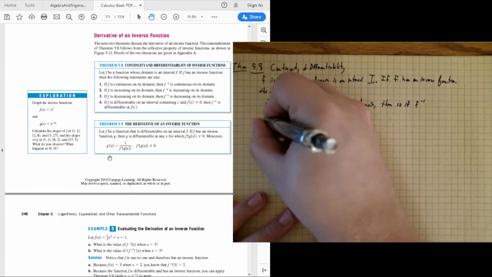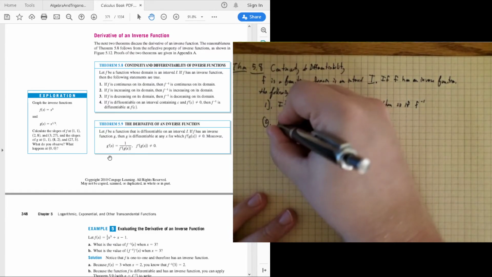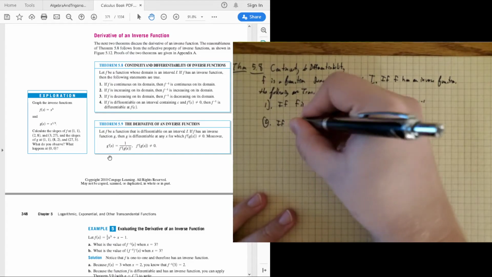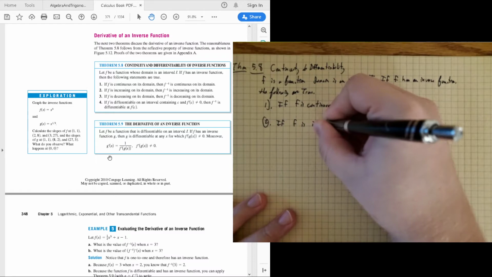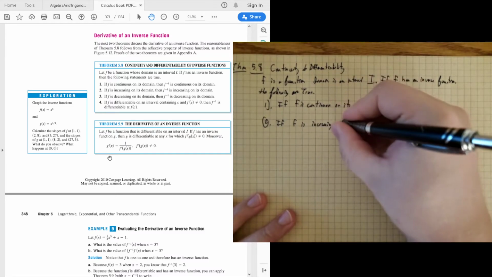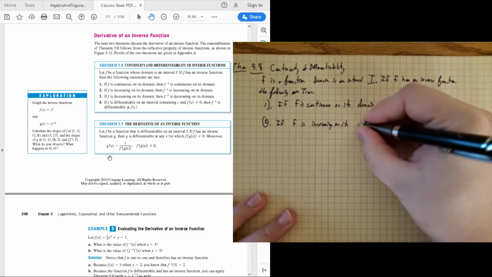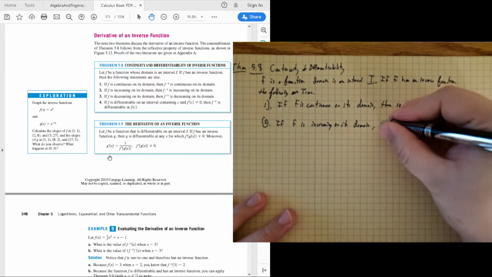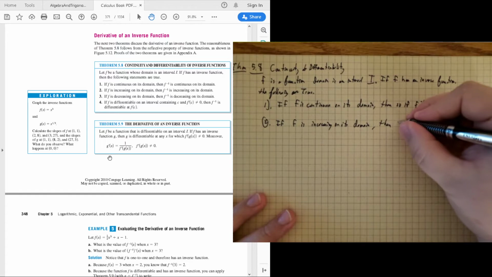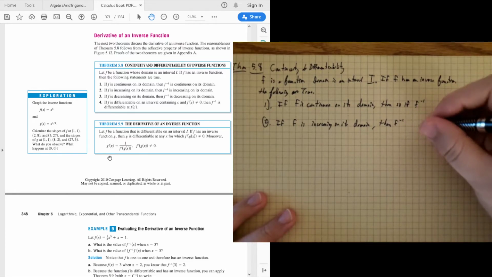2. If f is increasing on its domain, then f inverse is as well.